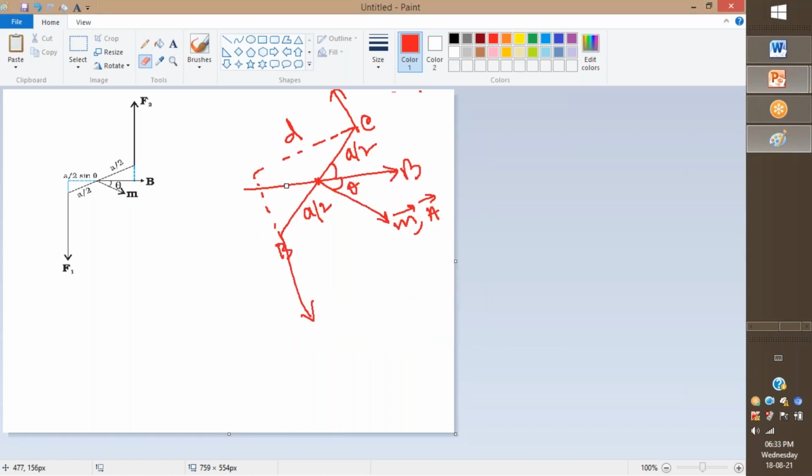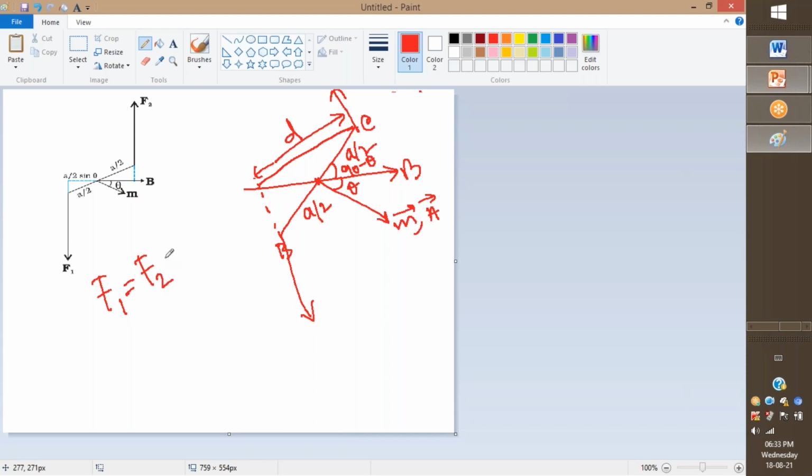If this is theta, this will be 90 minus theta, isn't it? Just a minute. This part will be going like this, so this is the perpendicular distance. This angle will be 90 minus theta, because the whole is 90 degrees with M and this line.